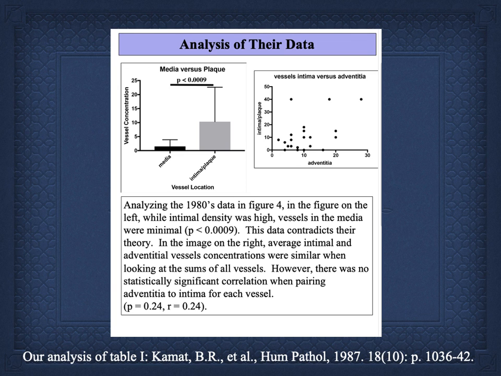Angiogenesis in the media was rare. But to the right, what was more significant was that the correlation between vessels in the adventitia and vessels in the intima was poor. There was no correlation. So it was consistent with what we were seeing.